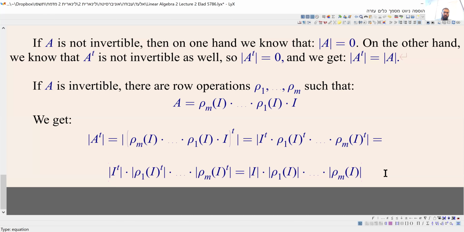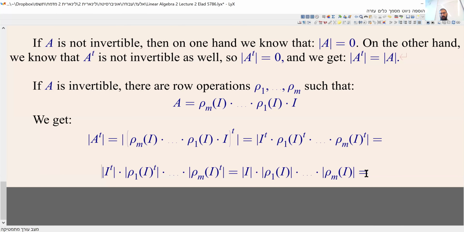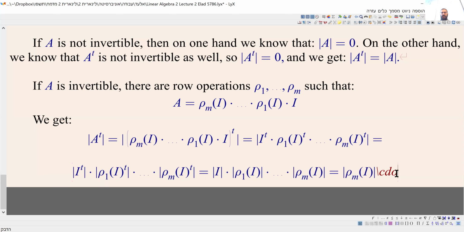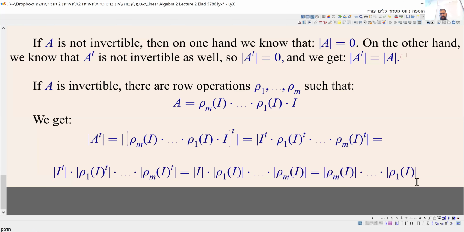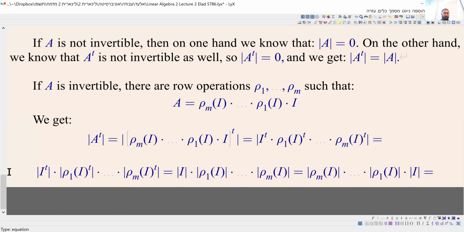Now the multiplication is between numbers, scalars. Every determinant is a scalar, of course. So we can change the order of the elements in the multiplication, and we like to change it in a way that will give us eventually the determinant of A. So I change the order of the determinants here, writing firstly row M, and lastly row 1, and the determinant of I, whatever, it's 1, but let's keep it that way.